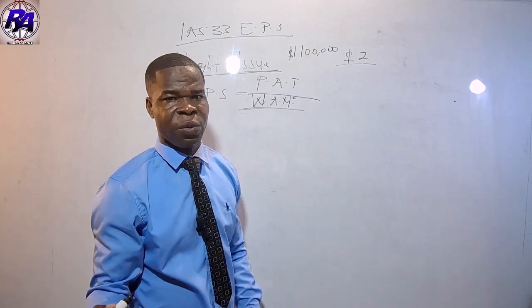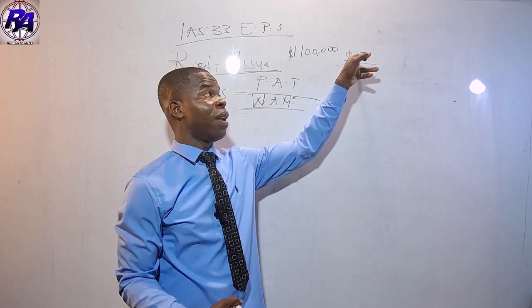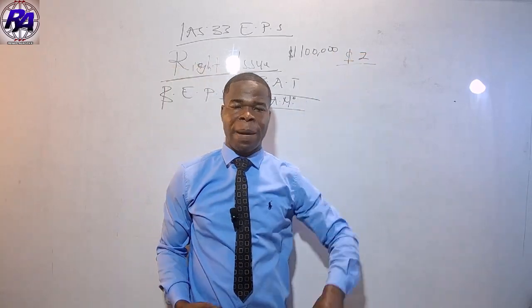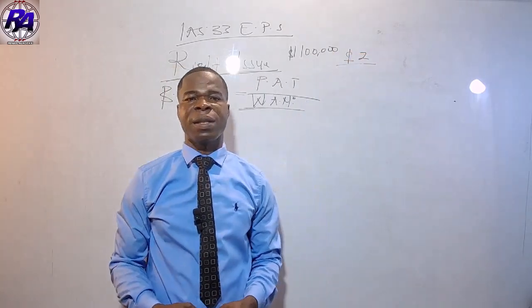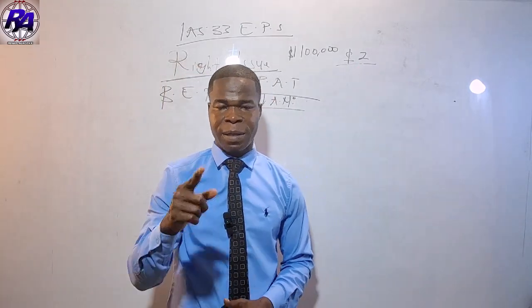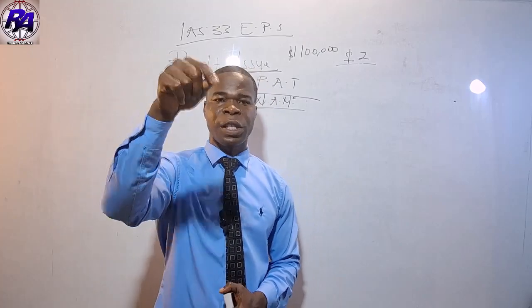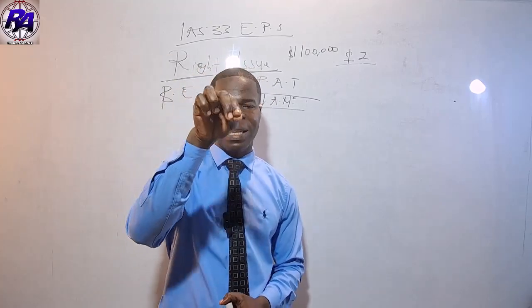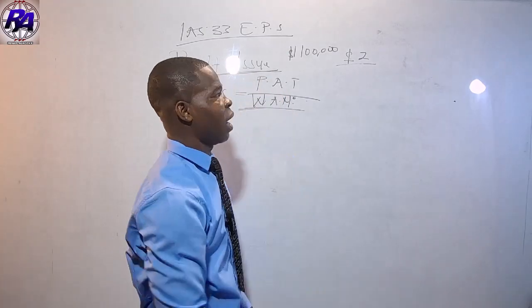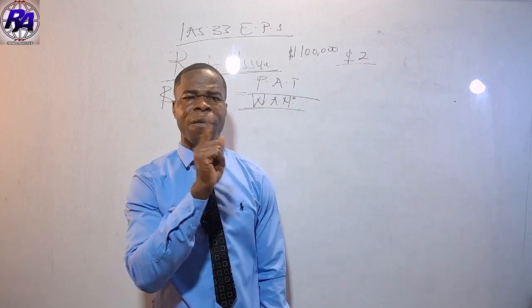Anytime there's a right issue, the existing shareholders will buy the shares at less than the existing market price, the existing fair value. So take note of that. Anytime there is a right issue, the shareholders will pay an amount that is lesser than this particular existing share price.